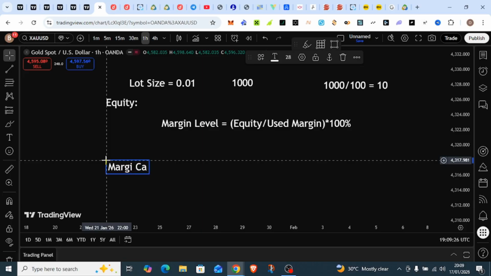Your broker sends a margin call when the margin level drops to a certain percentage, say 100%, 50%, or lower, depending on the broker.